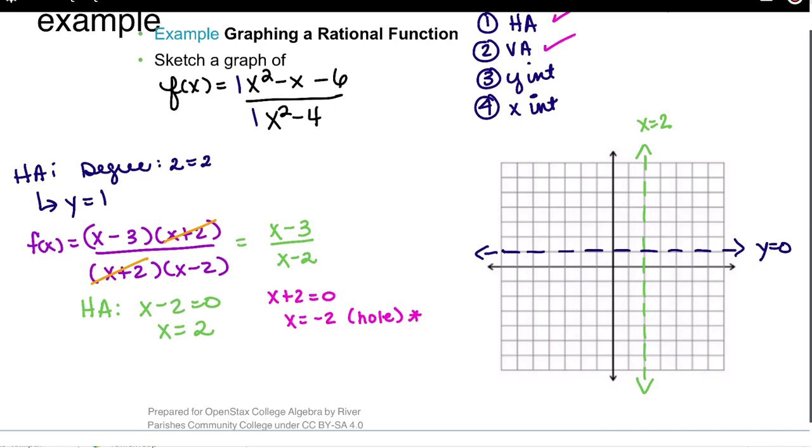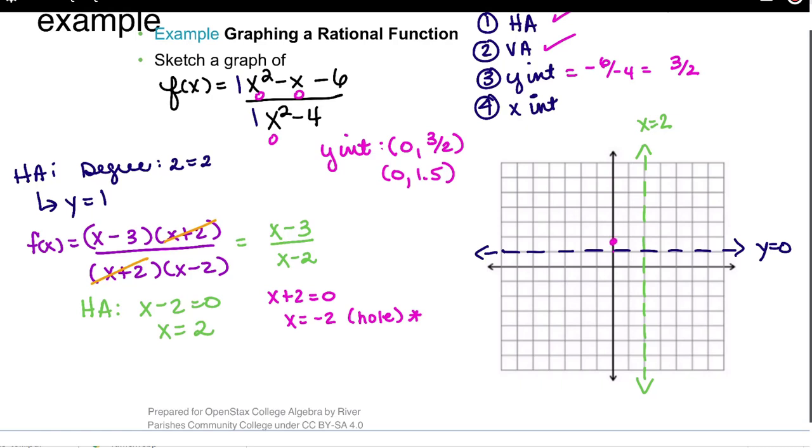Y-intercept, we're going to set each of these x's equal to 0, so that's going to leave negative 6 over negative 4, which is 6/4 or 3/2. So there is a y-intercept at 0 and 3/2, which is the same as 0 and 1.5. So at 0 up 1.5, there's a y-intercept right there.